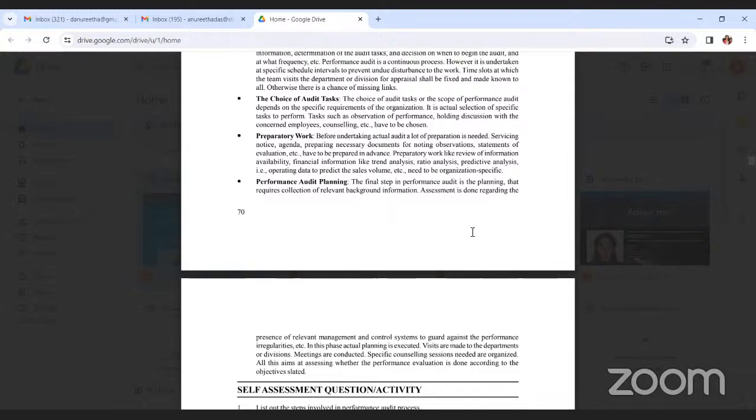And then lastly is performance audit planning. Performance audit planning is assessing whether the relevant management and the control system is irregular or regular, the execution basically. So regular visits should be made to the departments or the divisions, to counsel sessions and what has to be organized, and assessing whether the performance evaluation is done accordingly.